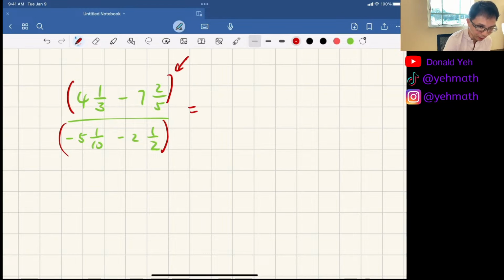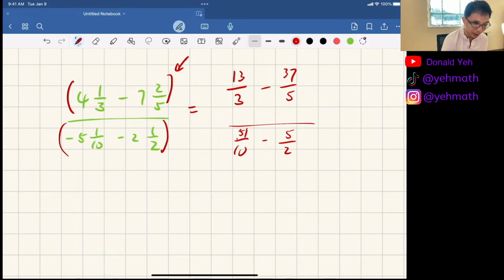So now I'm going to change it to an improper fraction, like one person suggested. So it'll be 37 over 5 minus 51 over 10, all over 13 over 6 minus 5 over 2. And that's what's happening. But order of operations still says I need to combine those two fractions, because I need to do addition and subtraction first.